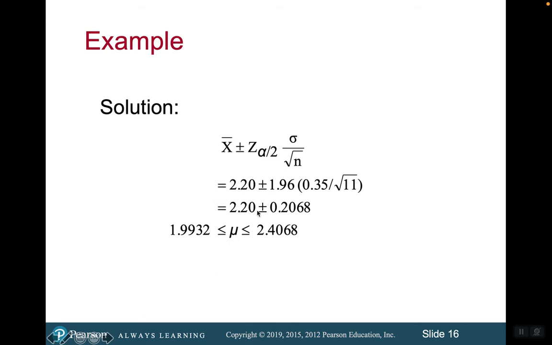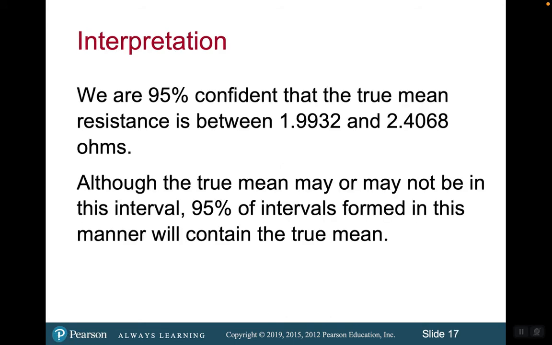When we do the arithmetic on this, we see that our interval is between 1.9932 and 2.4068. So our interpretation is that we're 95% confident that the true mean resistance is somewhere between 1.9932 and 2.4068 ohms.